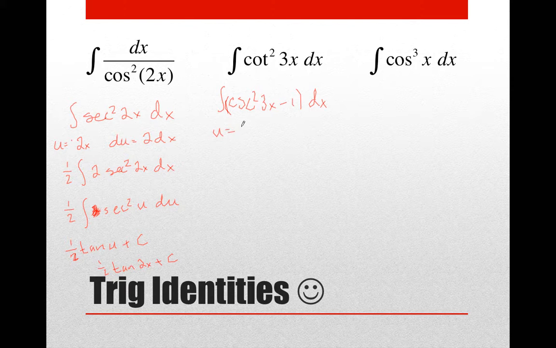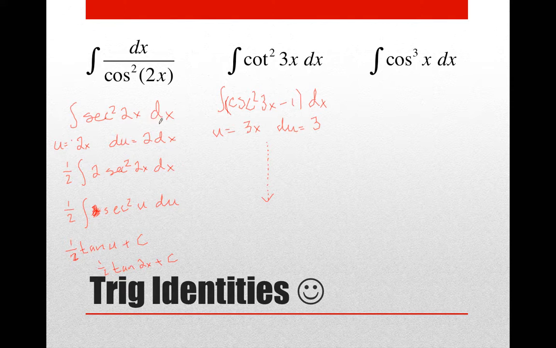We can let our u equal 3x, so our du is equal to 3. We can do our compensation, we can do our integration, we can substitute, and we can get a final answer.